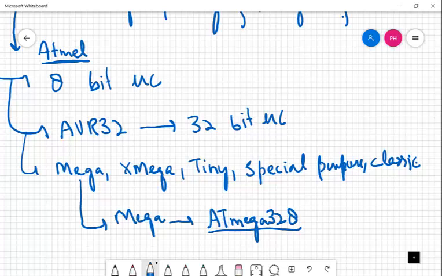And it has also got some trainer boards like Arduino Uno. In fact Arduino is built around Atmega 328. Arduino is itself not a microcontroller, it's a microcontroller board, a trainer board, built around this Atmega 328. So there are many applications, and the resources available online are huge. So that's why I have chosen Atmega 328 microcontroller that we'll be discussing in this course.